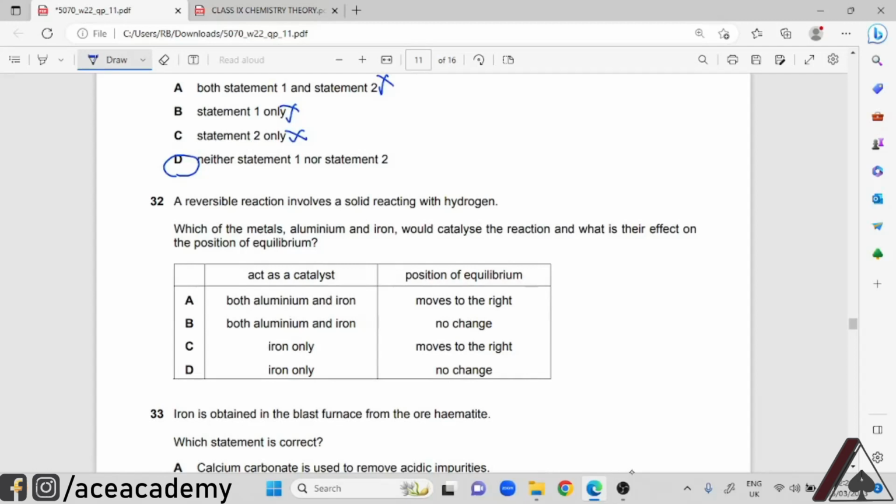Question 32 says a reversible reaction involves a solid reacting with hydrogen. Which of the metals, aluminium and iron, would catalyze the reaction and what is their effect on the position of the equilibrium? A solid is reacting with hydrogen in a reversible reaction. We know that aluminium and iron are catalyzing the reactions, so they're acting as catalysts.